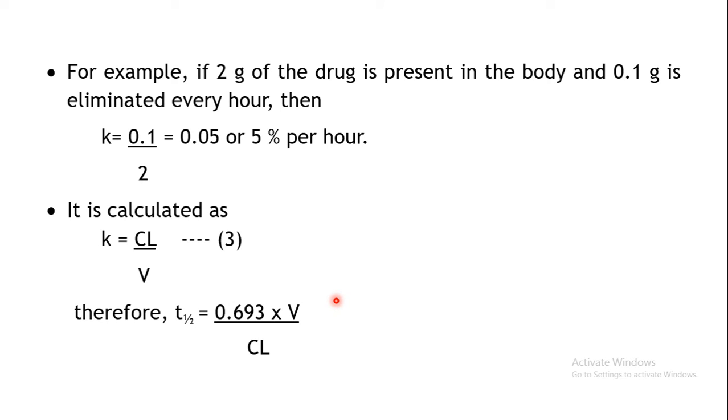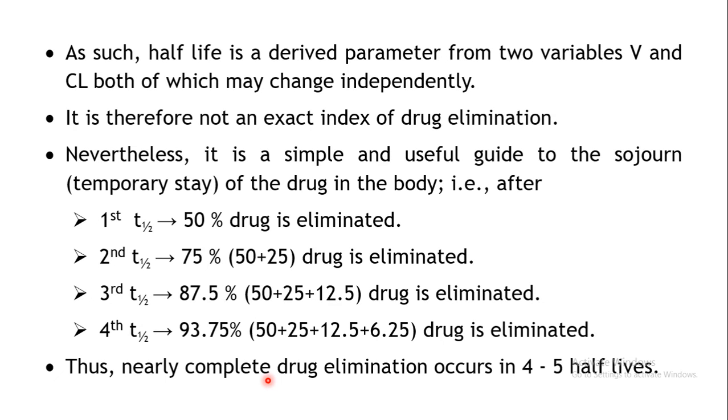Okay, so this is how the T half-life of a particular drug can be calculated. So T half-life of a drug is dependent upon the volume of distribution and the clearance of that particular drug. Okay, however, as such these two parameters may change independently.